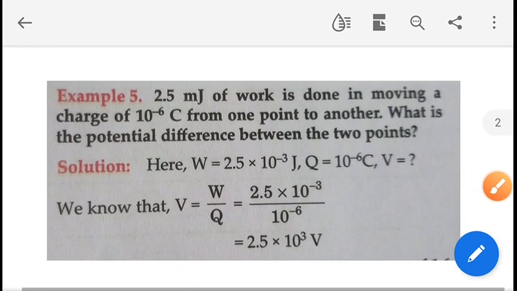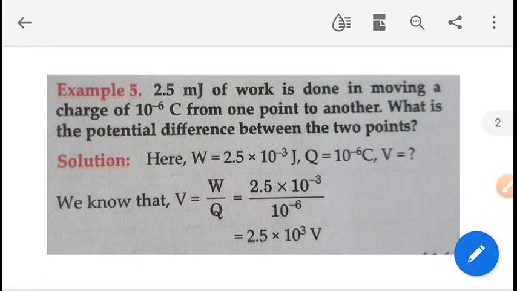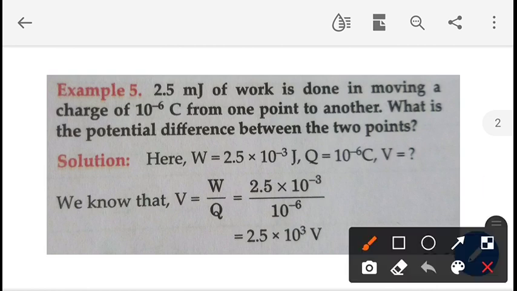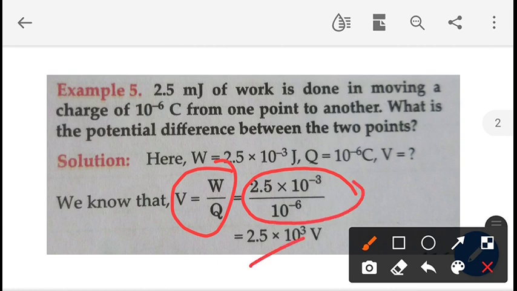And this is another question. Here the question is given, and this is also based on V is equal to W by Q, and all the values are given here, but you must keep in mind that you should try to solve this step by step, because the answer is written here directly.